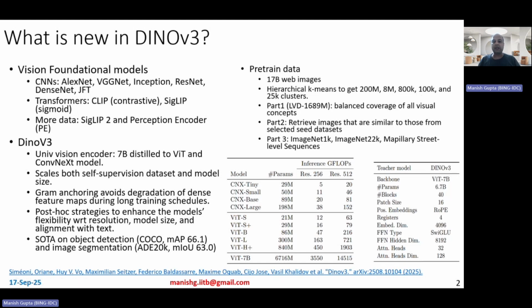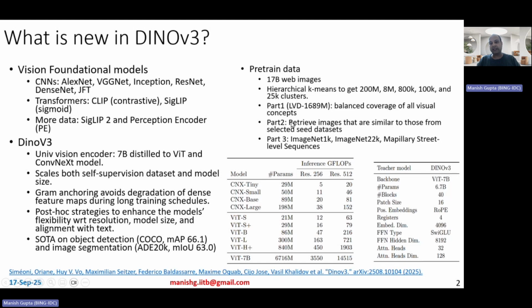Now, from these, they obtained 2 parts of the dataset. The pre-training data is basically in 3 parts. The first 2 parts are obtained from this hierarchy of 17 billion images. Part 1 comprises 1.6 billion images. That's just a balanced coverage of all visual concepts across the various clusters in this hierarchy.